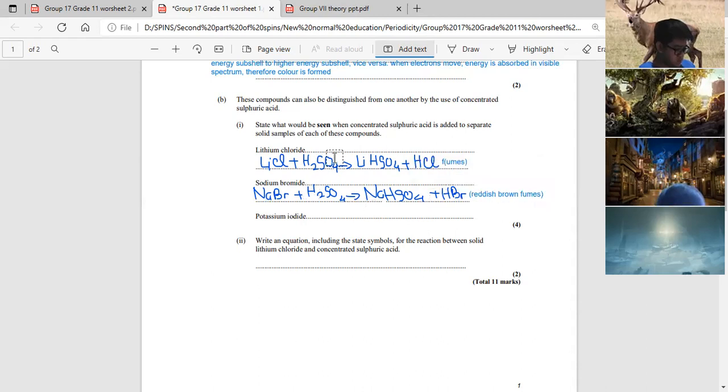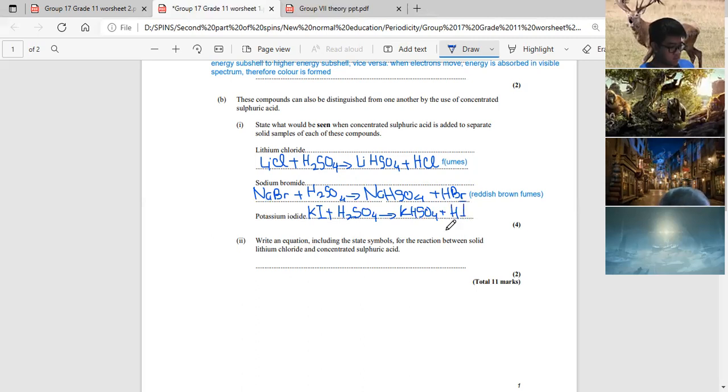Then for potassium iodide, KI plus H2SO4 becomes KHSO4 plus hydrogen iodide.